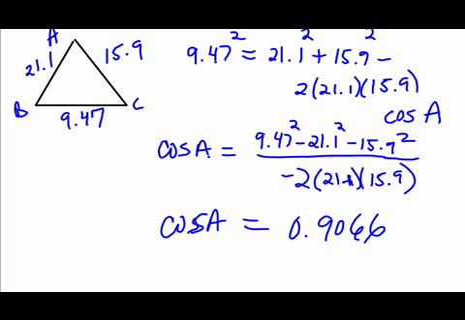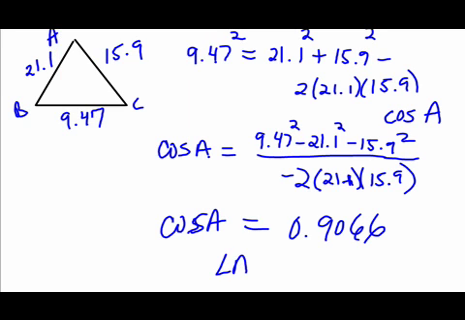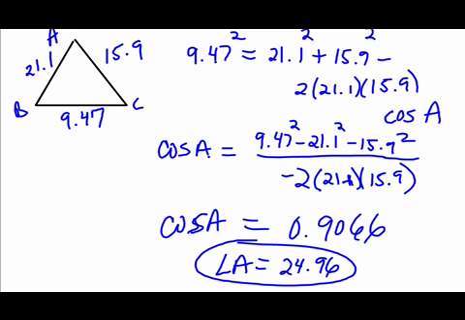So if I say calculator, inverse cosine 0.9066, we get an angle of 24.96. So angle A is 24.96.